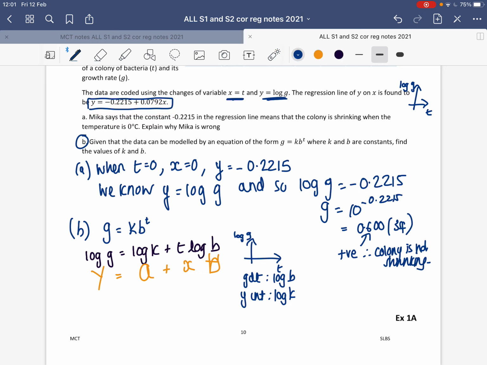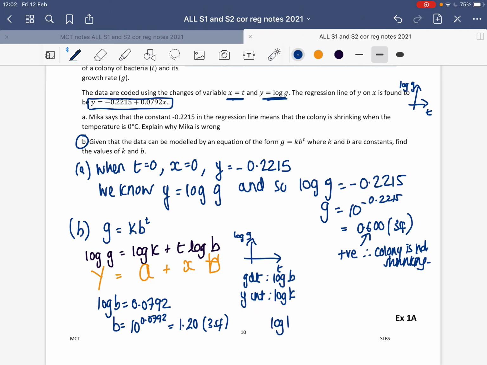So when we compare that with the equation that we're given, we get gradient of log B, so log B equals 0.0792. So B is 10 to the 0.0792, which is 1.2 to three significant figures.